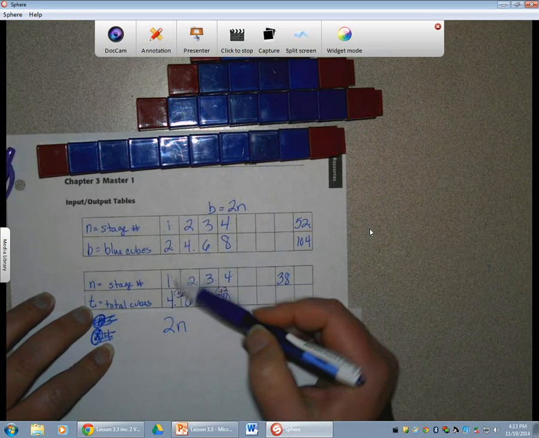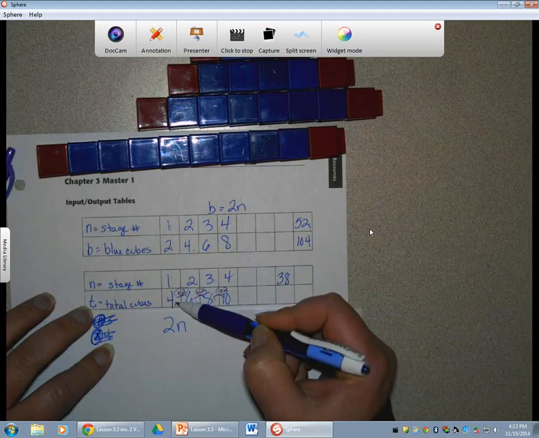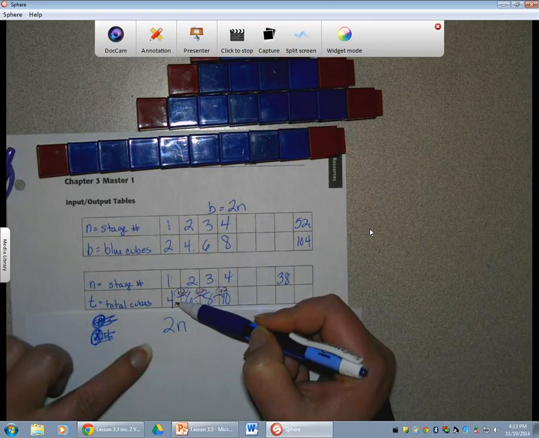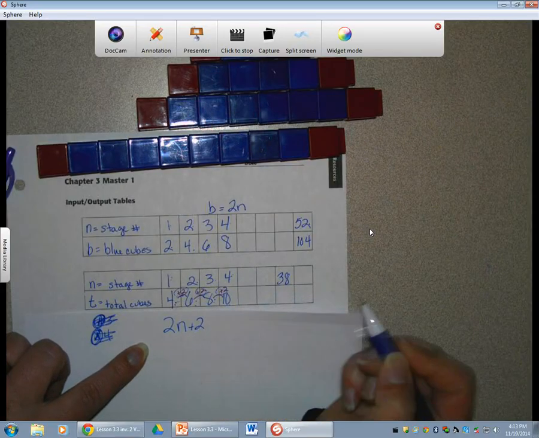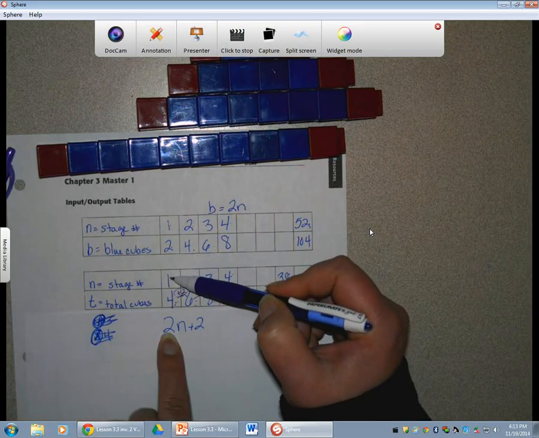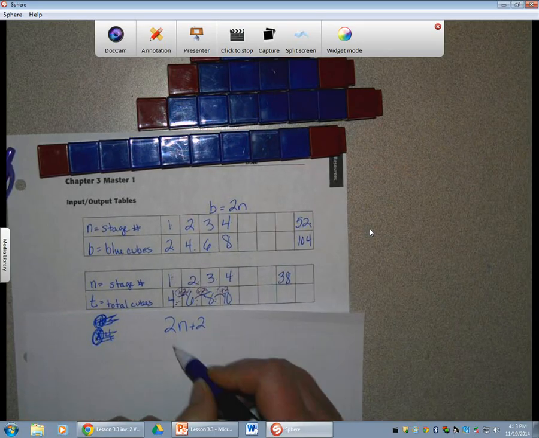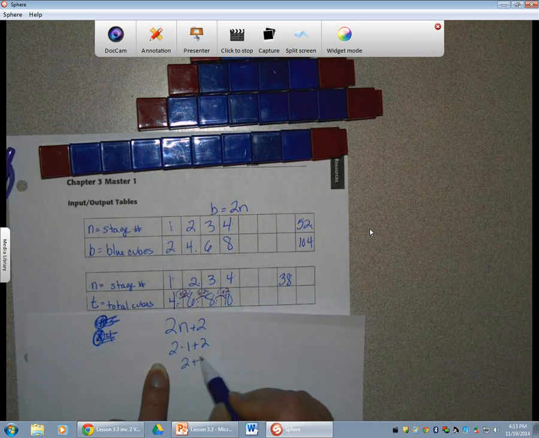So if I do 1 times 2, I don't get 4, I get 2. But to get from 2 to 4, I could do plus 2. Let's check this. 1 times 2 is 2, plus 2 is 4.